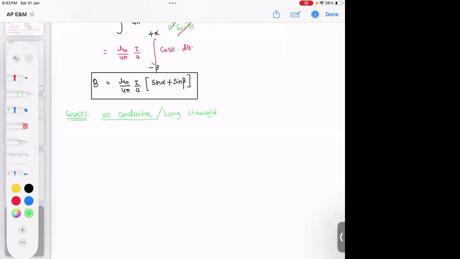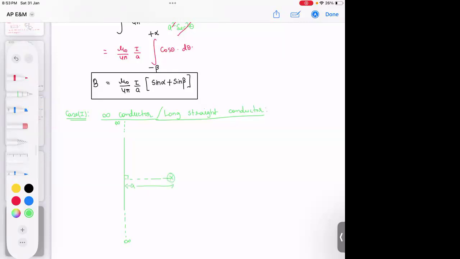A very long straight conductor is given to us. So what will be the magnetic field due to that one? If it is a very long straight conductor, what are going to be my alpha and beta? This end is at infinity, this end is at infinity, and we want to calculate at a distance a from that.